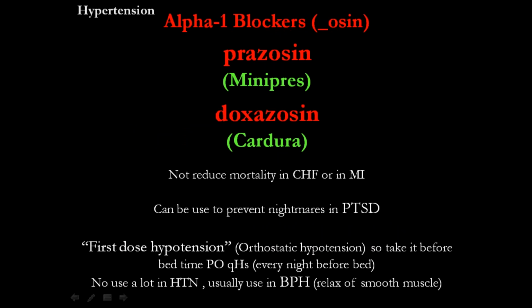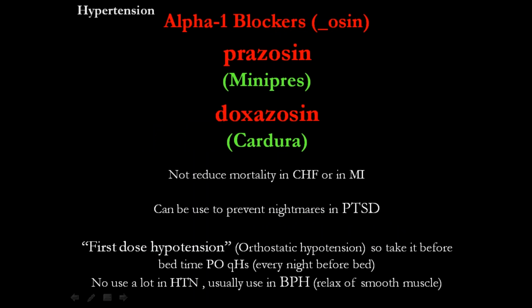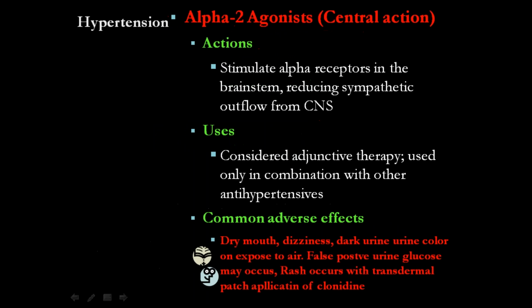One of the side effects is that it can produce a rebound effect, and the effect is very short. That means it lasts a short period of time and the pressure goes up very fast. Alpha 1 blocker is good for reducing the blood pressure, but it's not going to last long. Here we have prazosin and doxazosin.